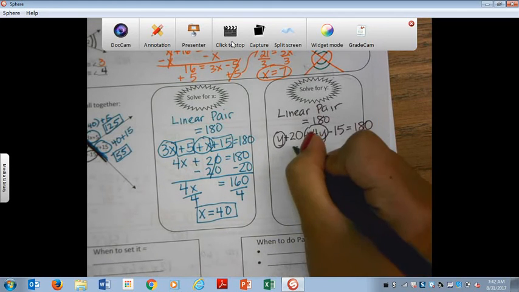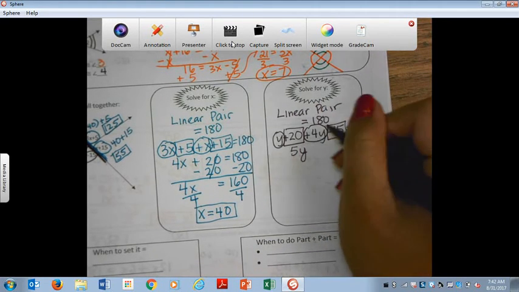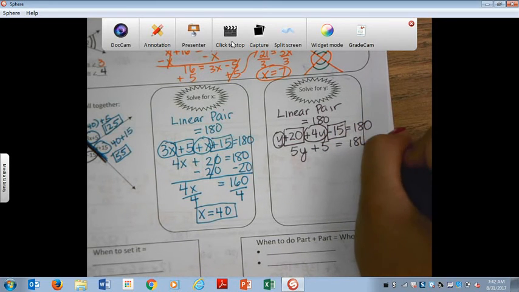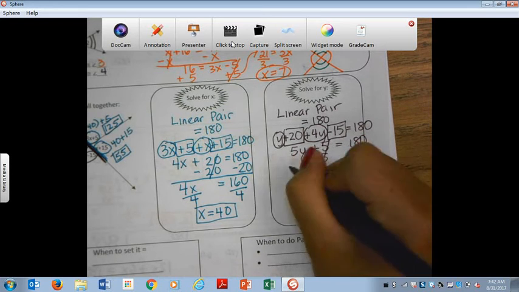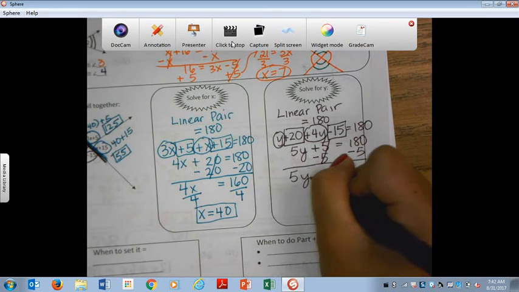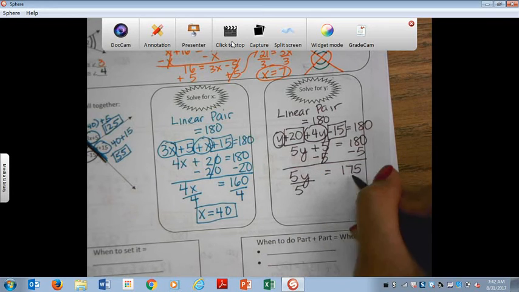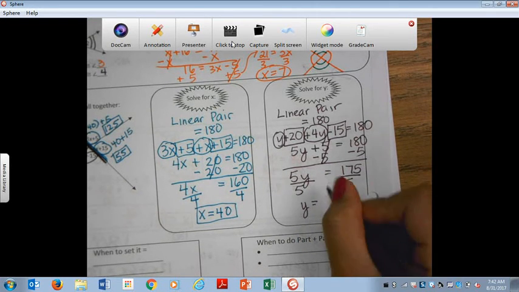So that's going to be 5y. 20 minus 15, that's going to be 5. And everything still equals 180. So you subtract 5 on both sides. That's going to give you 175. You divide by 5 to isolate the y, and y is now 35.